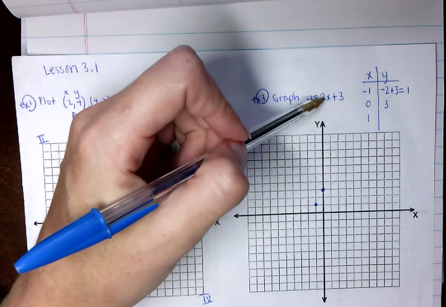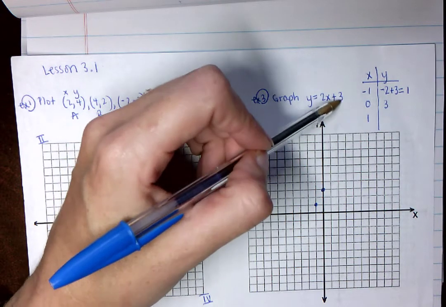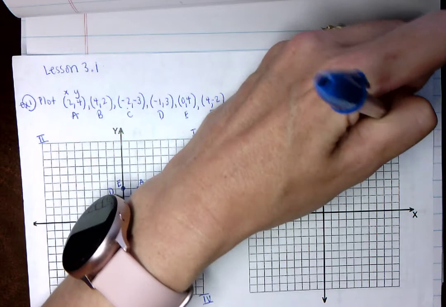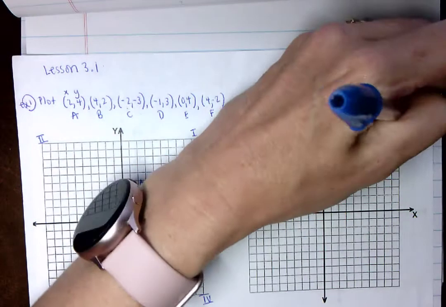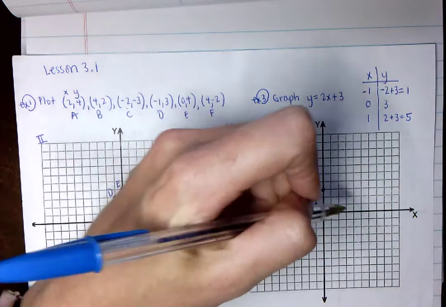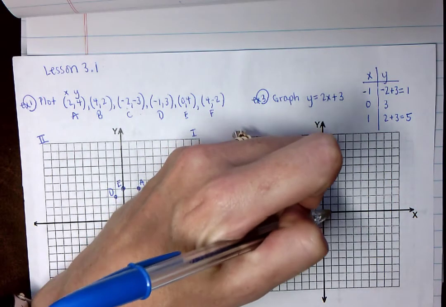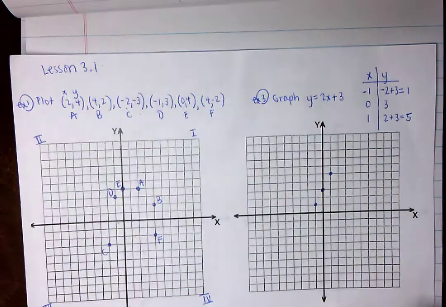So for this one, plugging in a 1, that's 2 times 1, that's 2. 2 plus 3, and again, if you want to write that, I didn't write the one with the 0, but 2 plus 3 is 5. So you have 1, 5. So 1, go to the right 1, and up 5. Okay?